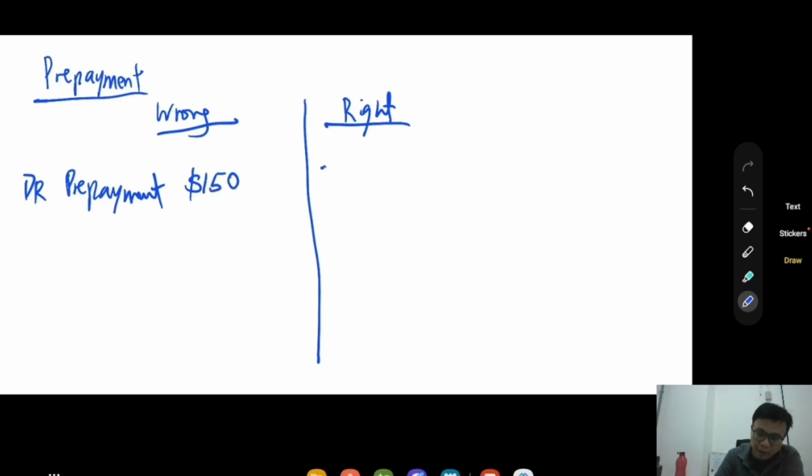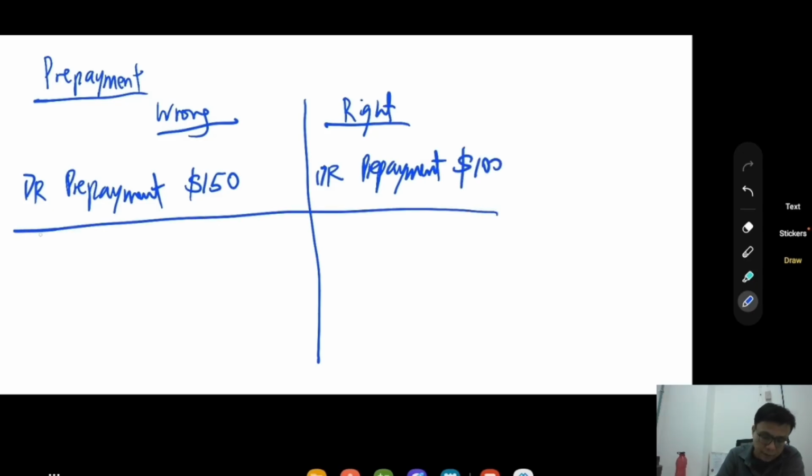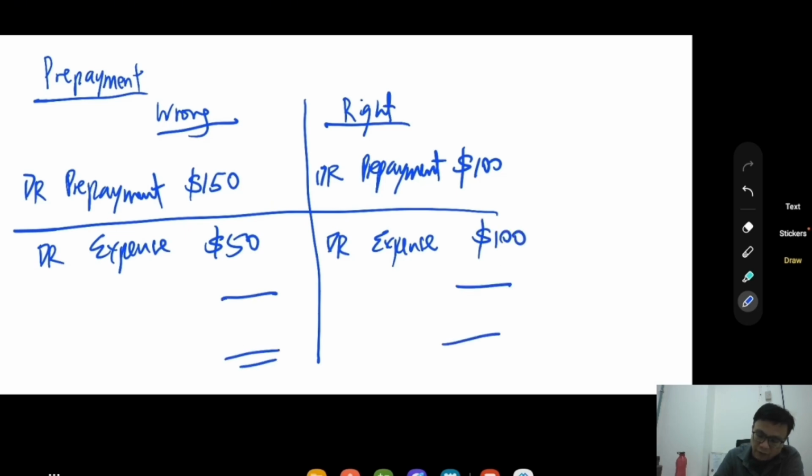Rightfully, the prepayment should be just $100. And under the wrong column, expenses $50. And under the right column, expenses is $100. Now in both columns, the total value is $200.